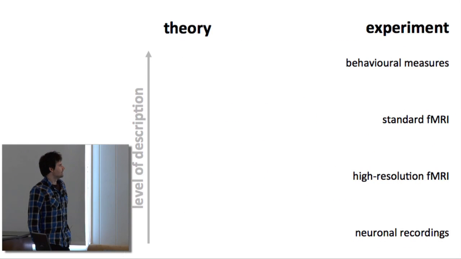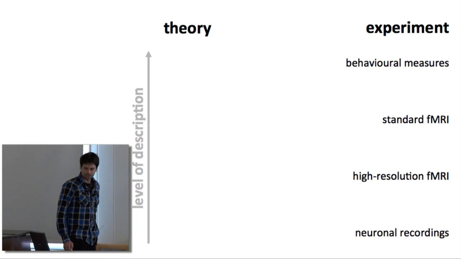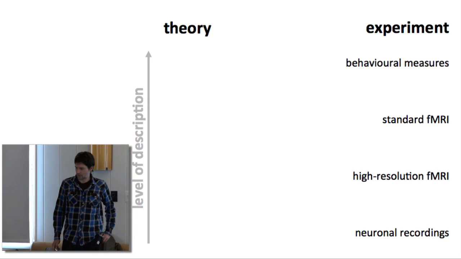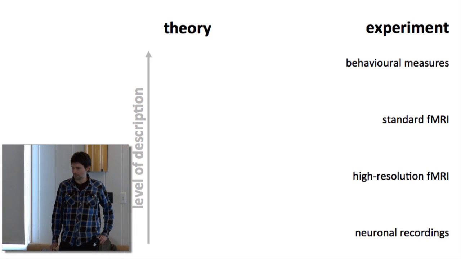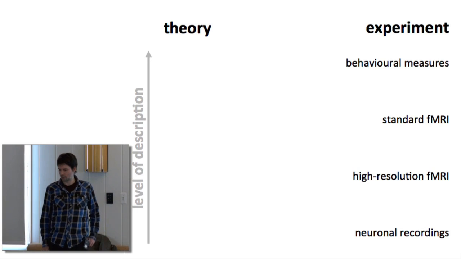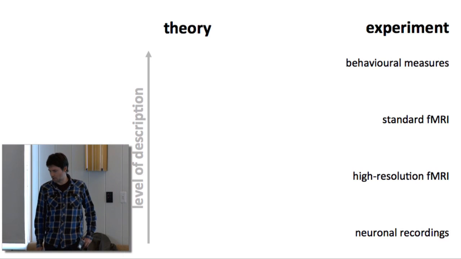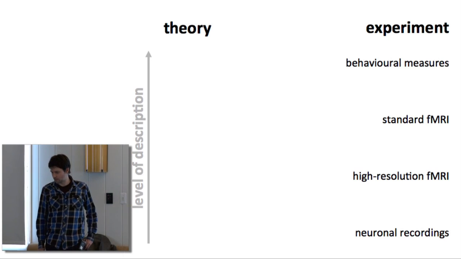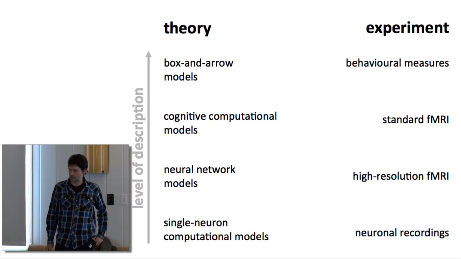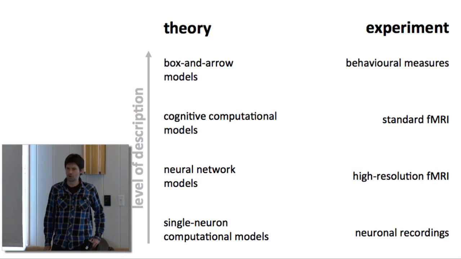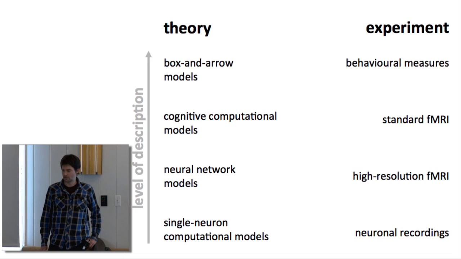We can look at these levels of description also in terms of theory and experiment. On the side of the experiment, we have behavioral measures at the largest scale, then standard fMRI, high-resolution fMRI, and neuronal recordings at the lowest level. On the side of theory, we have the box and arrow models of cognitive psychology at the top.